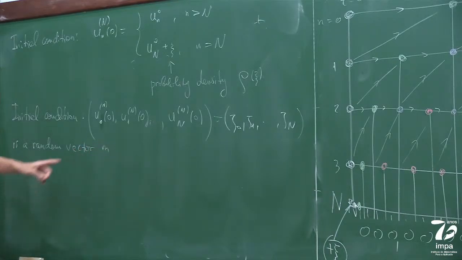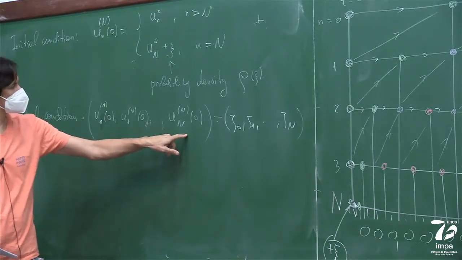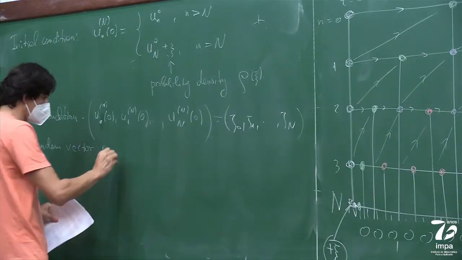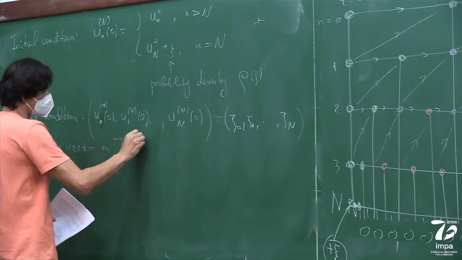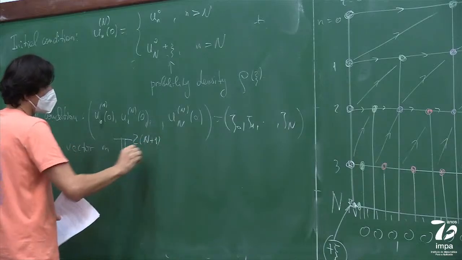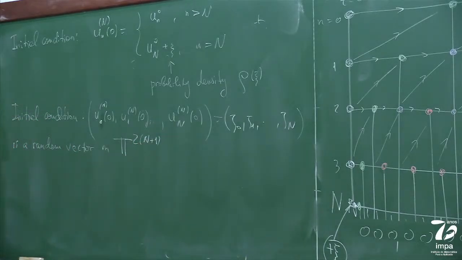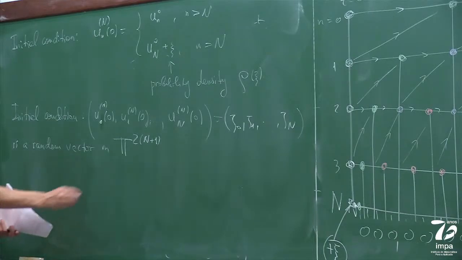Where? Each one is in a torus, and there are N plus 1 of them. So it's in the torus of dimension 2N plus 1.